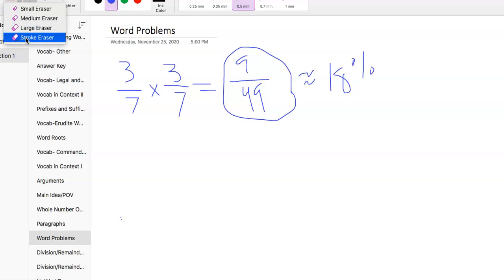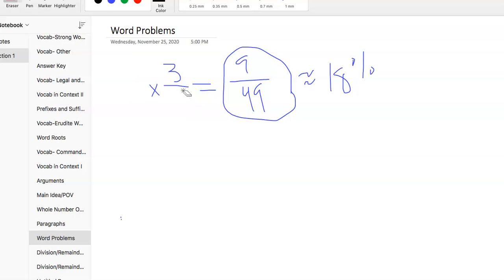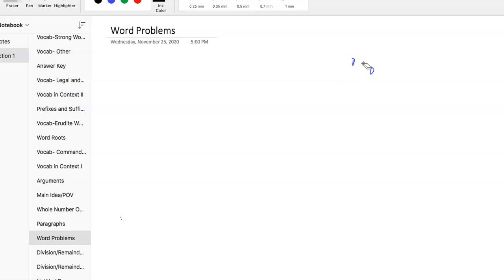Now, what I was referencing a second ago, you can easily get probabilities with card type questions. Here would be another type of question. You have a 52 card deck, and what is the probability that you draw 2 consecutive aces?